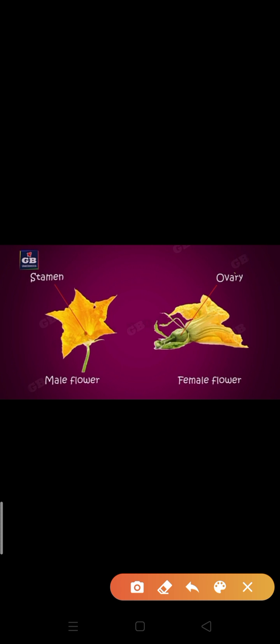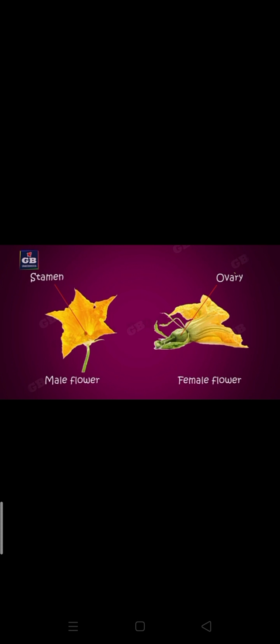Nowadays you can observe it in your surroundings too, because in this season pumpkin grows. Here you can see that the male flower contains the stamen and the female flower contains the ovary. In such a condition, when a flower contains only one type of sex, it is known as a unisexual flower. This is an example of a unisexual flower.